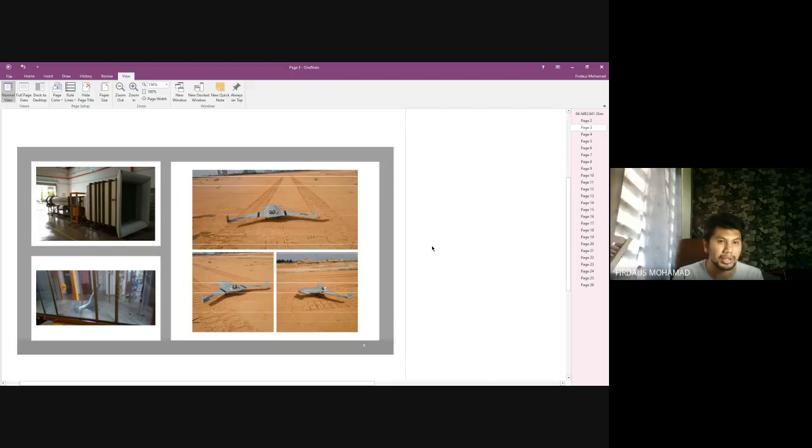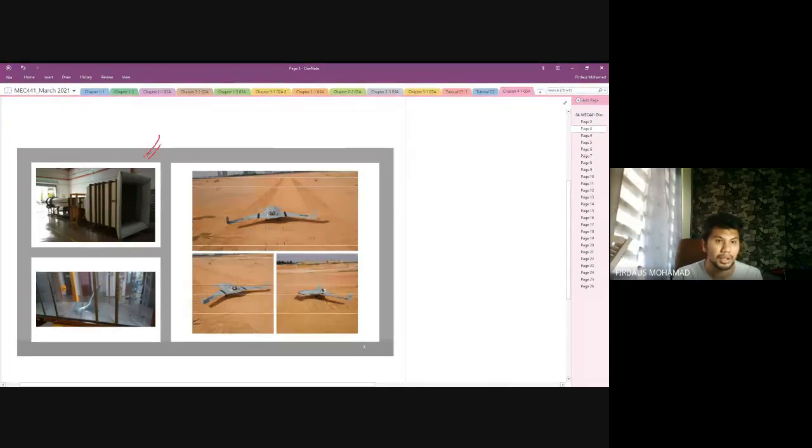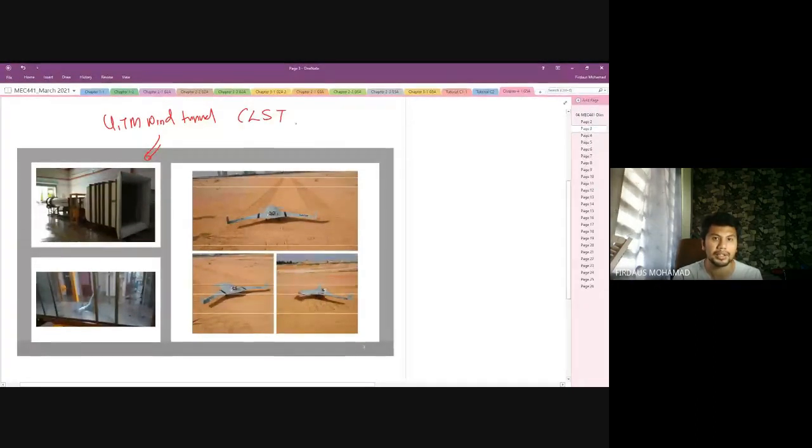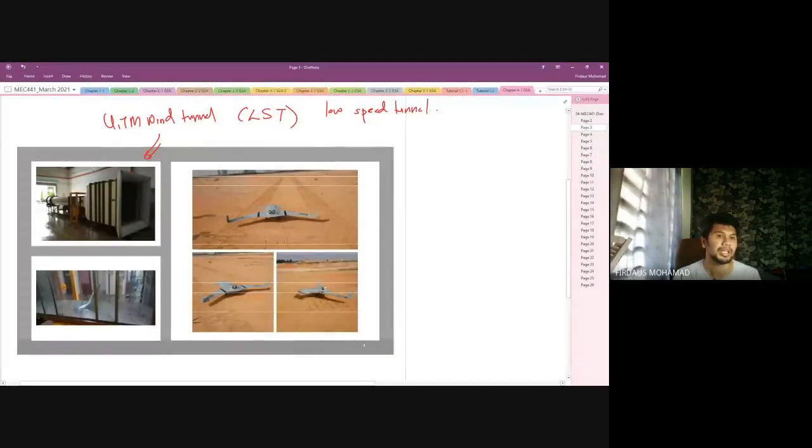So this is wind tunnel. Okay, so you can imagine this is wind tunnel, UiTM wind tunnel. Kita panggil dia LST, low speed tunnel.